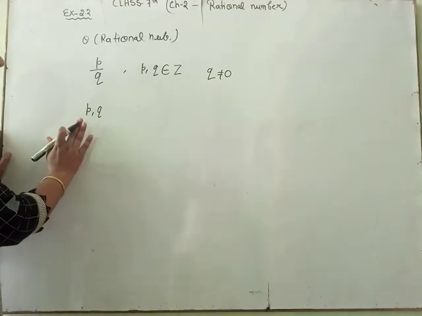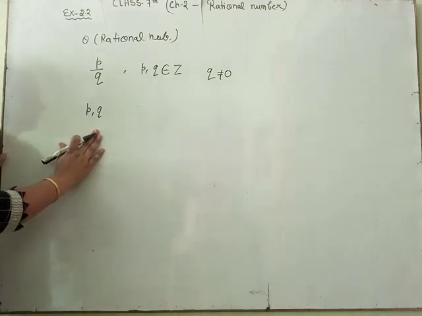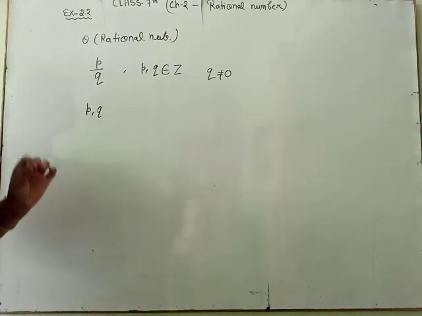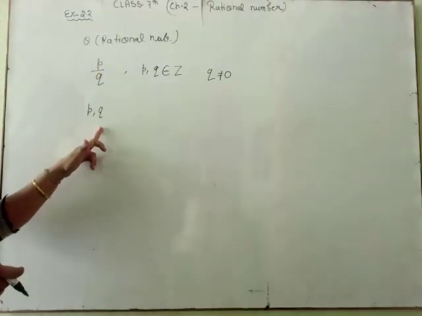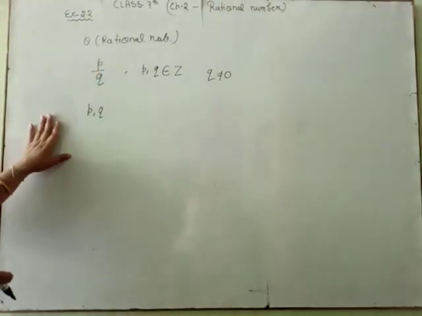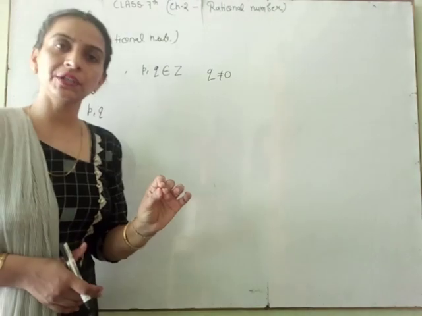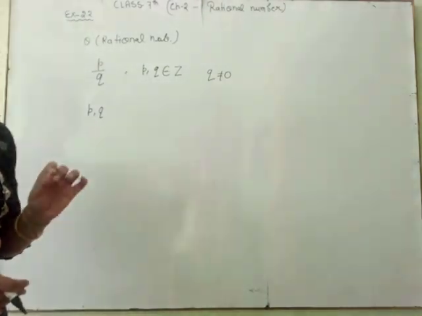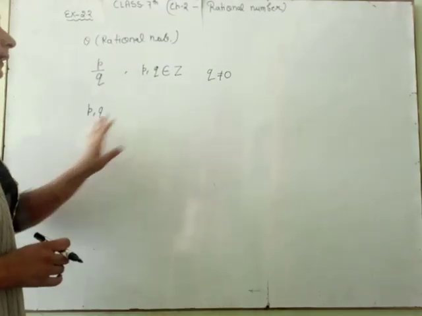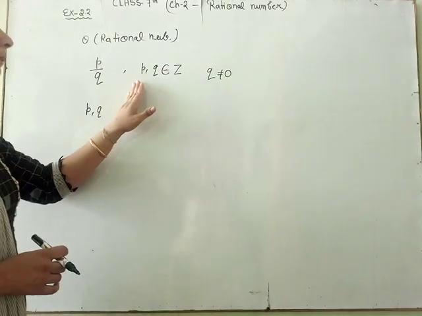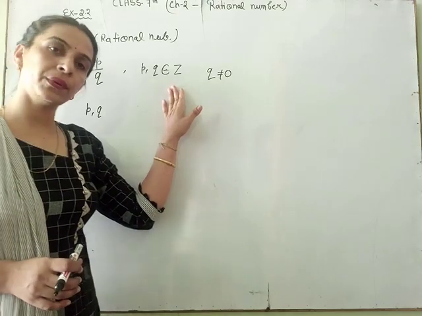Co-prime means the GCD of P and Q is 1, that means there is only one common factor between P and Q. This is the definition of a rational number: a number which can be expressed in P by Q form where Q is not equal to 0 and P and Q both belong to Z.